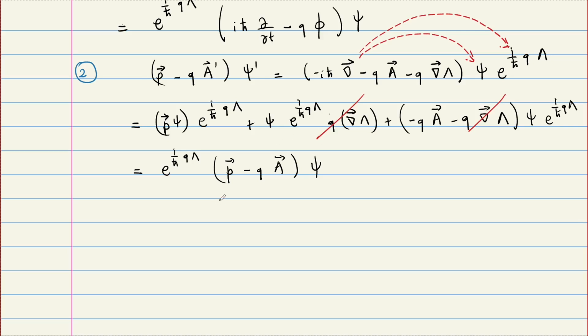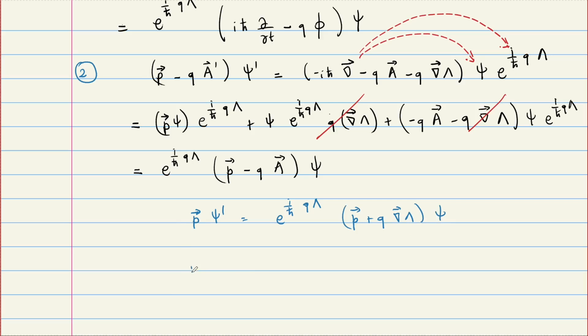And we can see here, if we were to act this p on psi prime, it's going to give us e to the i over h bar q lambda p plus q gradient lambda times psi.